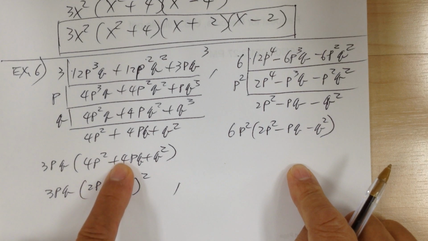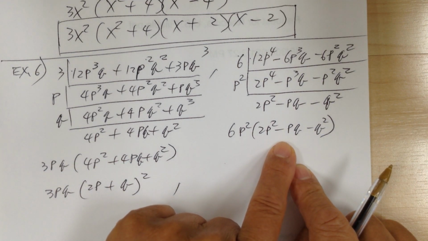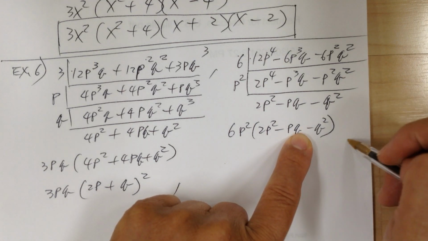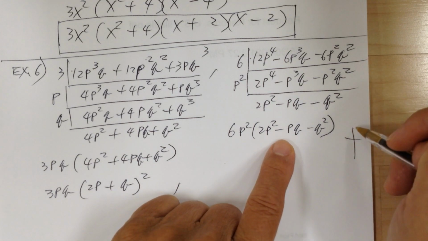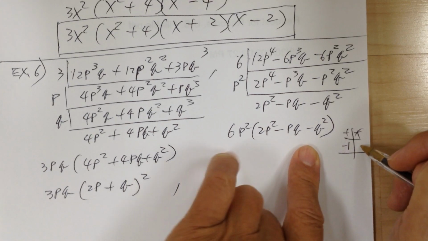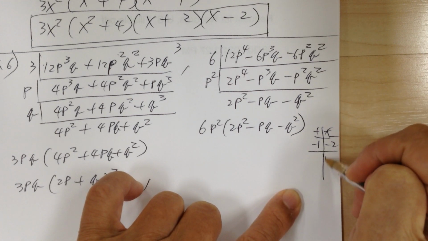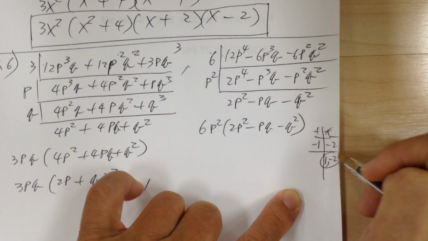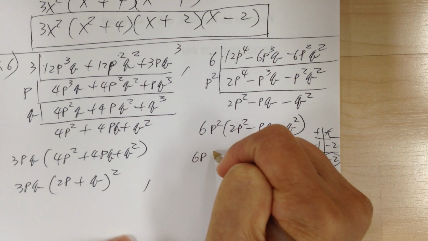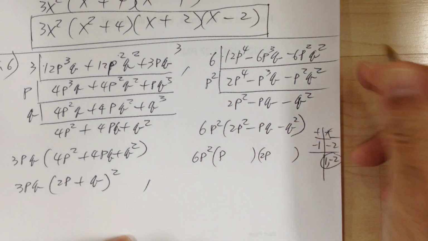Okay, and so over here, this is step 2b, but over here, step 1, step 2, step 3 are not going to work. So you have to do the step 4. Okay, so you need to get -1 and -2. So you're going to do 1 comma -2, and that's it. So you're going to get p and 2p.